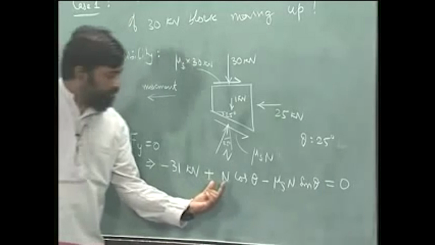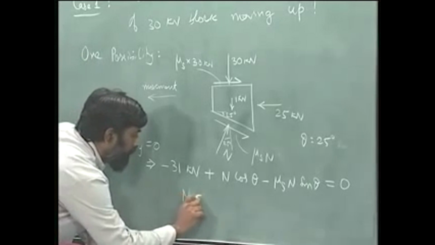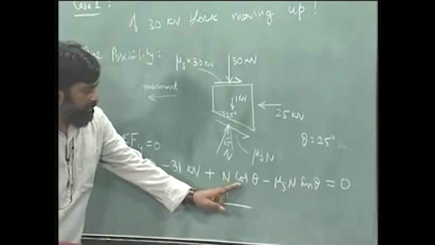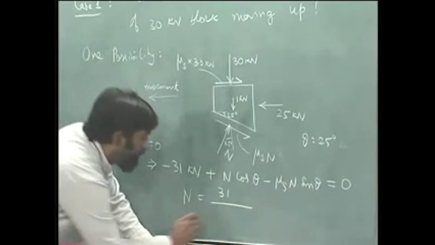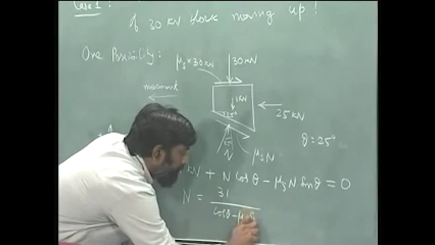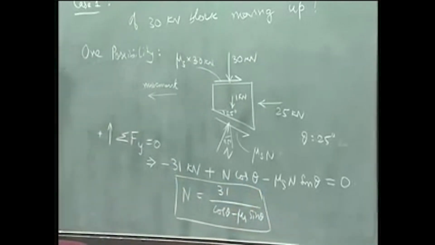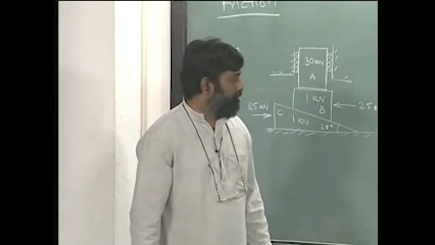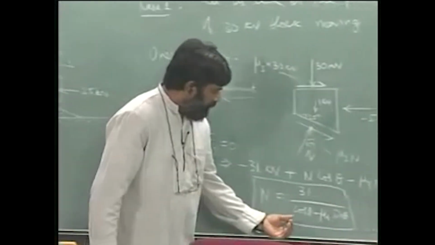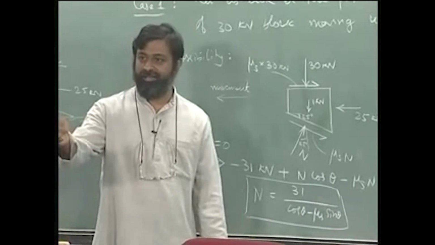This is pretty simple. I can find out n from this directly. What is n? N equals 31 divided by cos theta minus mu s sin theta. Let us substitute values and see what we get. If theta is 25, I think you do not have a calculator right now, no problem.